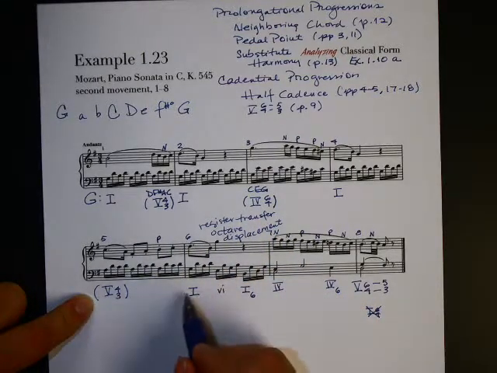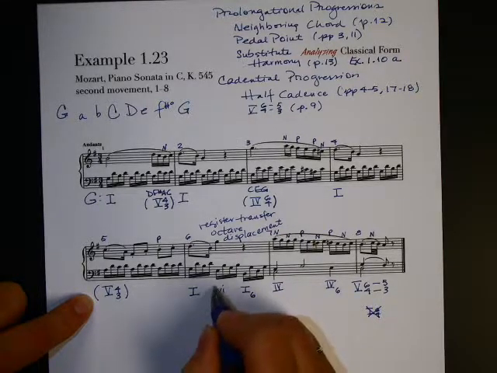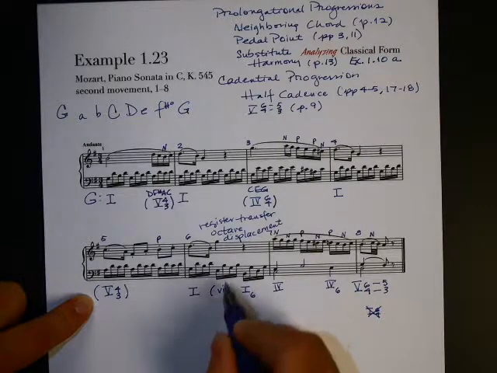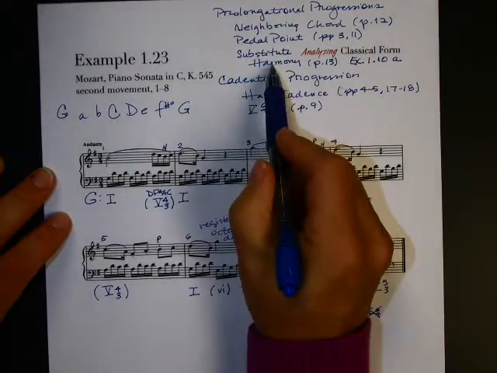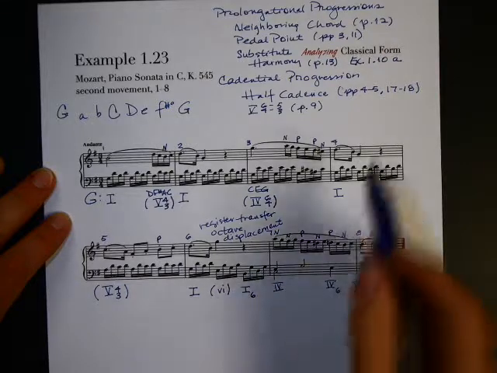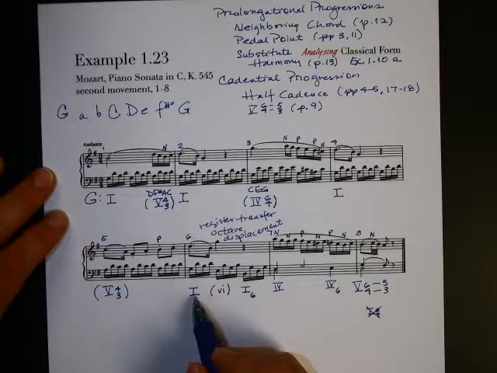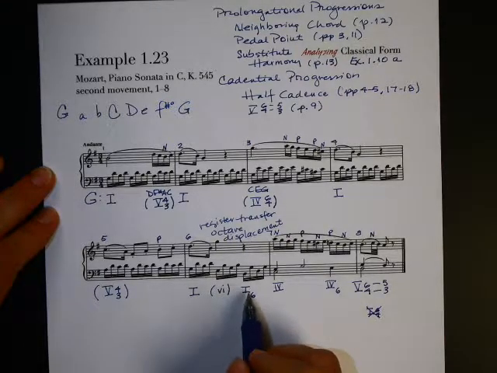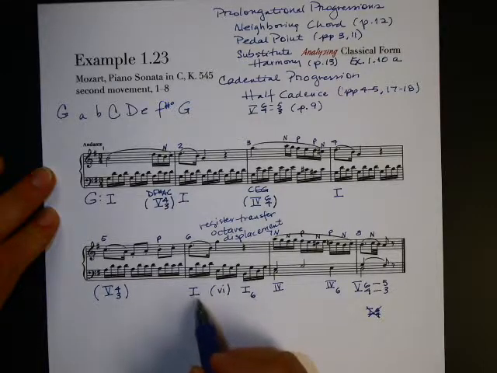Measure 6, we have 1, 6, 1, 6. The 6 chord is also part of a tonic prolongation, and that is the substitute harmony. This same exact Roman numeral progression is in example 1.10a. Remember that substitute harmonies are of the same harmonic function. 6 is tonic function. It's surrounded by tonic chords.